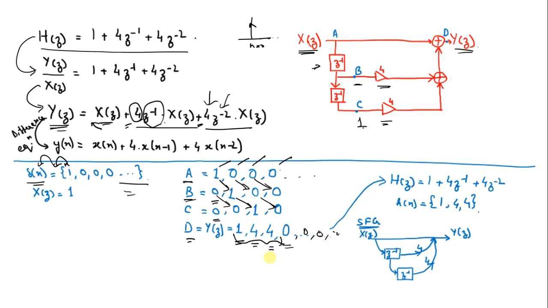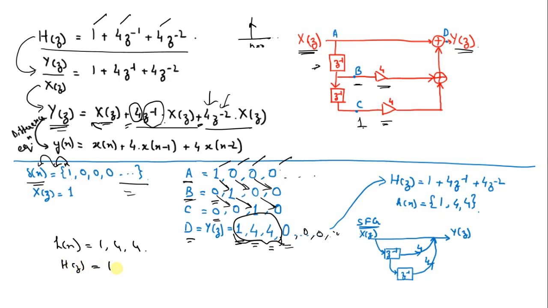And if you look into these coefficients, these coefficients are nothing but 1 plus 4z inverse plus 4z to the power minus 2. Okay, so what is this basically? This is h of n. And how do you find out the z transform? I already told you.